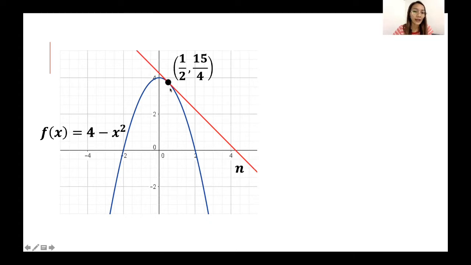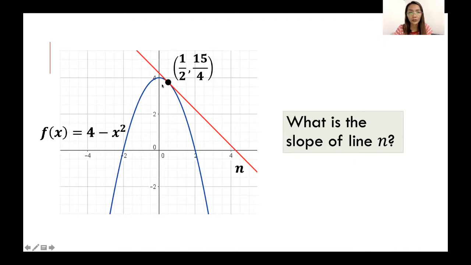Here's the graph, and we have here the line n, the red line. We have here the point 1/2 and 15/4. Question, what is the slope of line n?